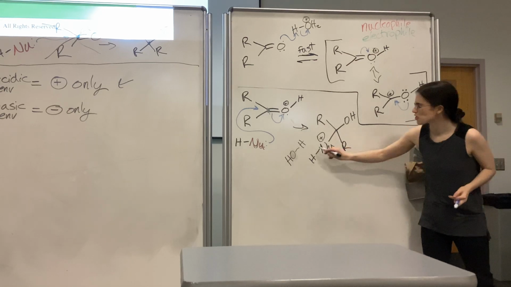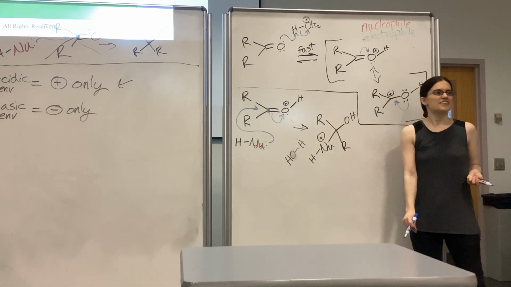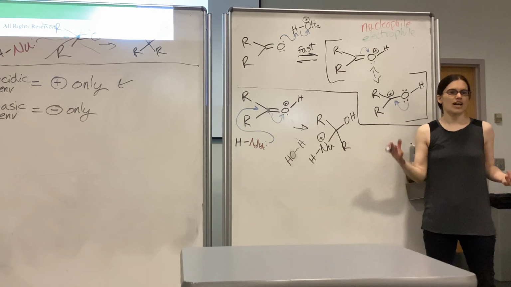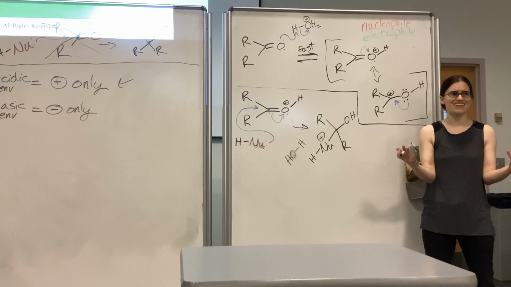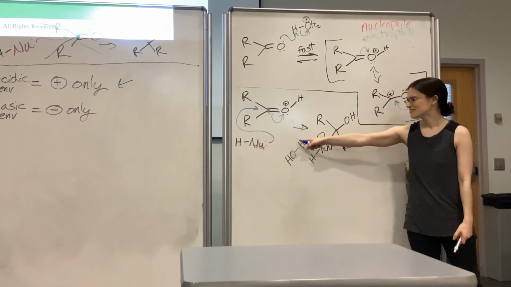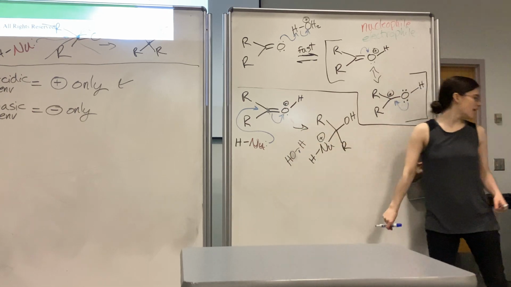Because if we start trying to draw our electron-pushing arrows straight from hydrogen, then that just gets weird because our arrows should come from a source of electrons. Hydrogen does not have any lone pairs. You can't just take it from the actual H, so we can take it from there.